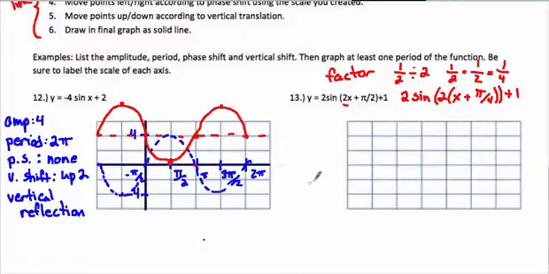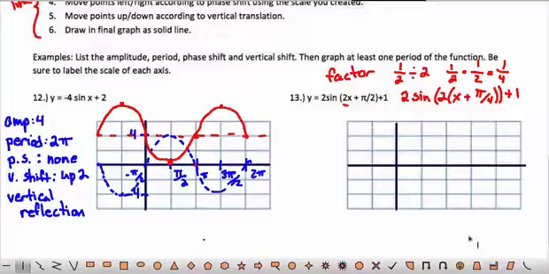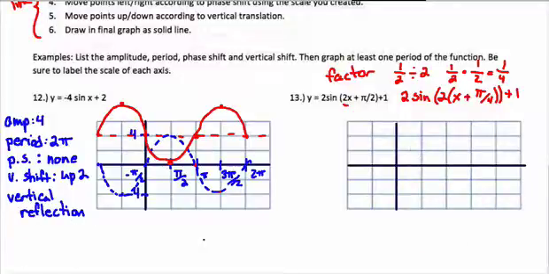All right, so let's go ahead and draw in our modified parent. I do have an amplitude that is changed. Let's actually list everything first. Amplitude is 2. My period is, well, I take 2 pi, divide it by b, so divide by 2. So this is going to be pi.